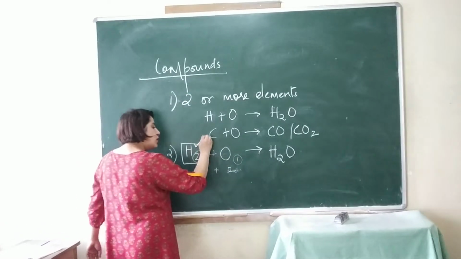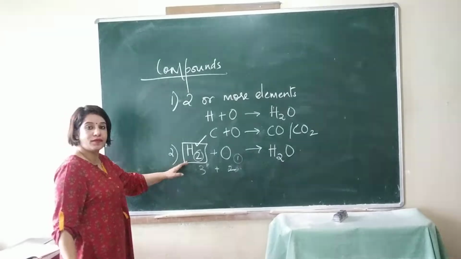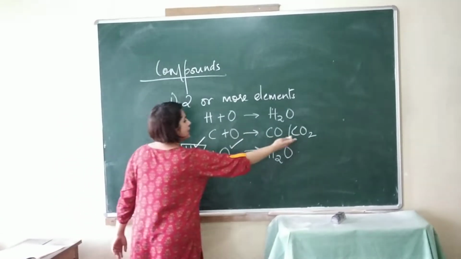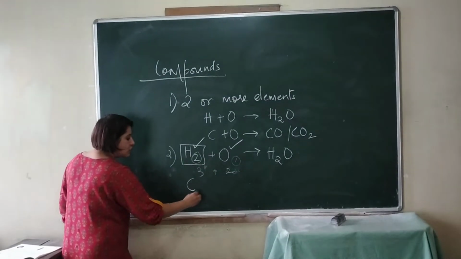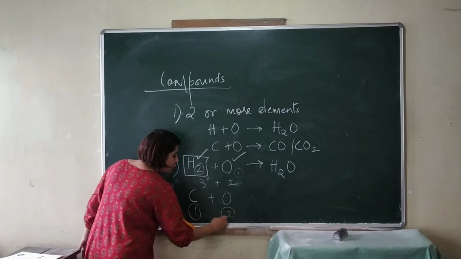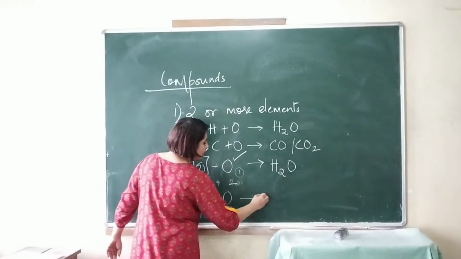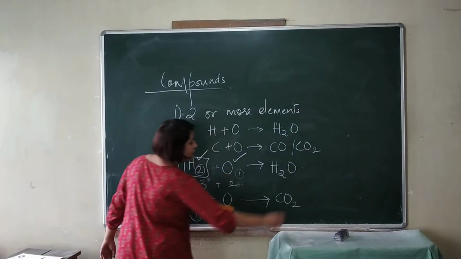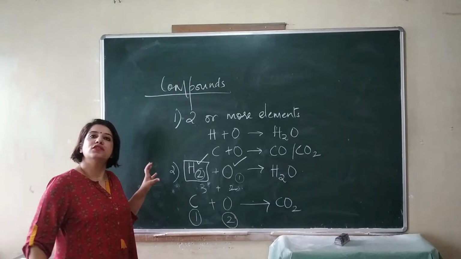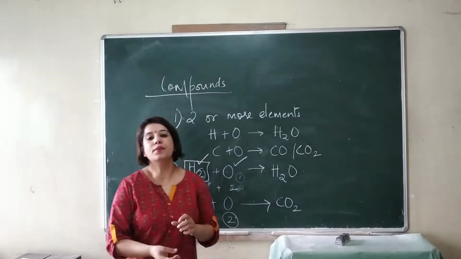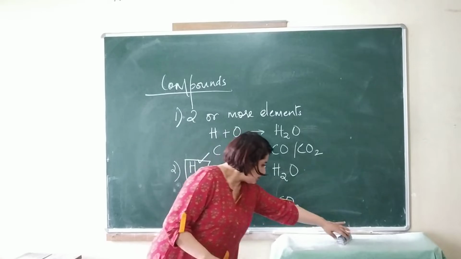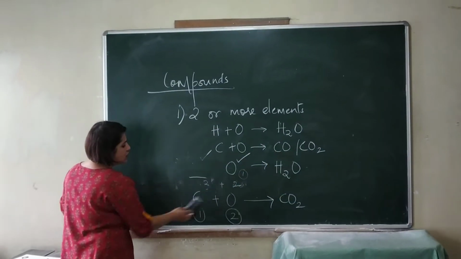It is always two atoms of hydrogen and one atom of oxygen. For example, in the next case, carbon dioxide, it is always one atom of carbon and two atoms of oxygen that will give you carbon dioxide. So the ratio of the elements is always fixed in a compound. You cannot change it.